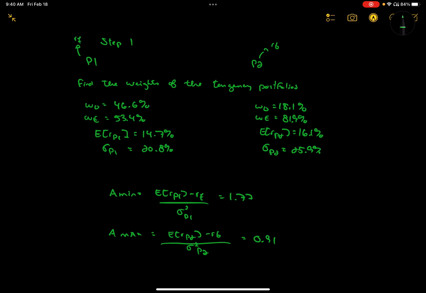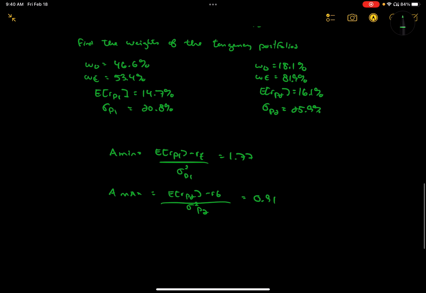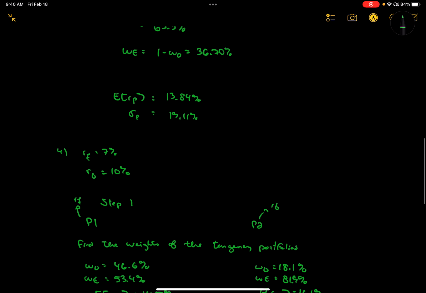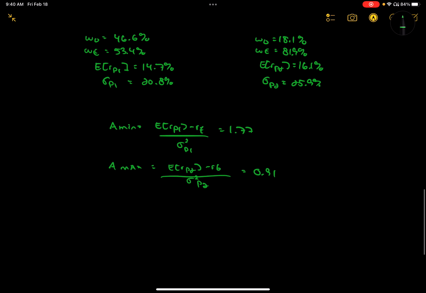All right. So since our risk aversion, what's the risk aversion? It's 4. So we have A equal 4. So it's greater than A min.